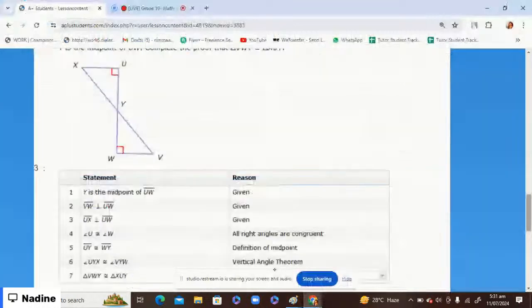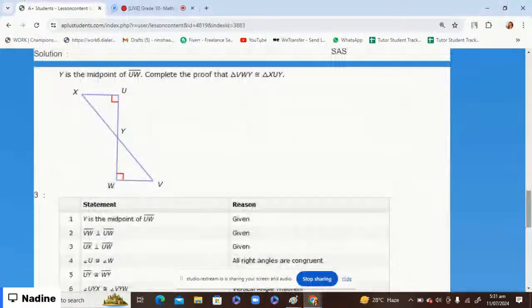Now look at this question. They are saying that Y is the midpoint of U and W. This is the Y line, which is the midpoint of U and W, as well as the midpoint of X and V. So complete the proof that triangle VWY is congruent to UXY.